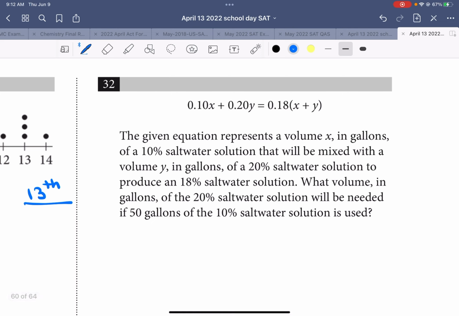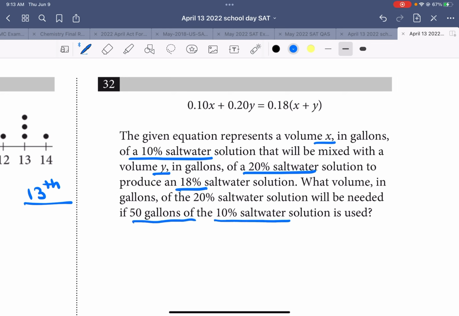The given equation represents volume X of 10% salt water that will be mixed with Y, 20% salt water, to produce 18% salt water. What volume in gallons of the 20% salt water solution will be needed if 50 gallons of the 10% salt water is used?